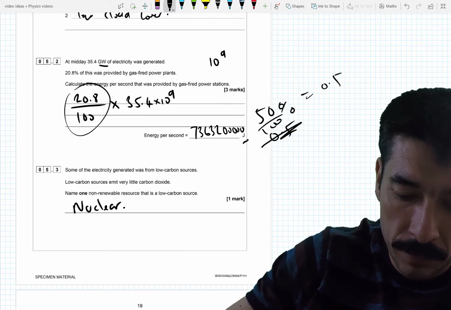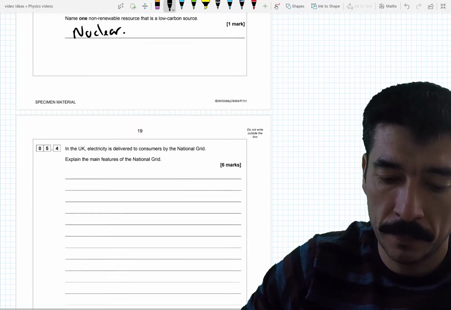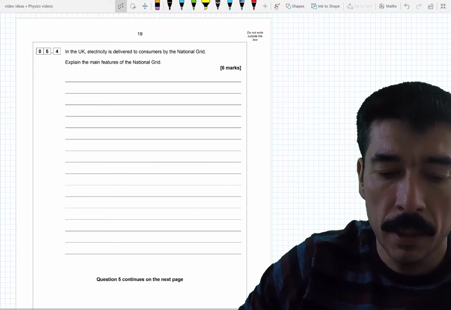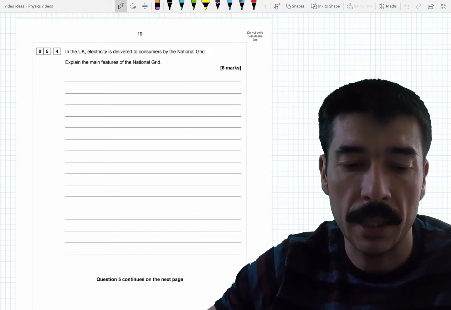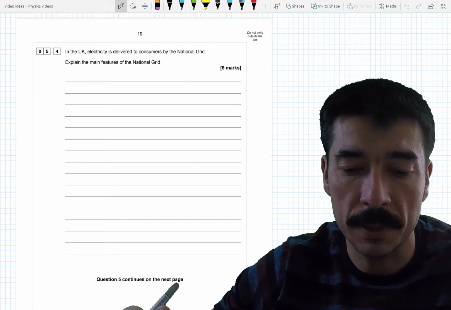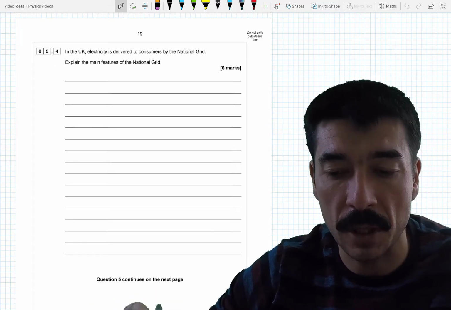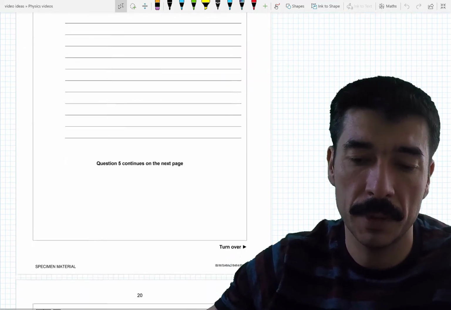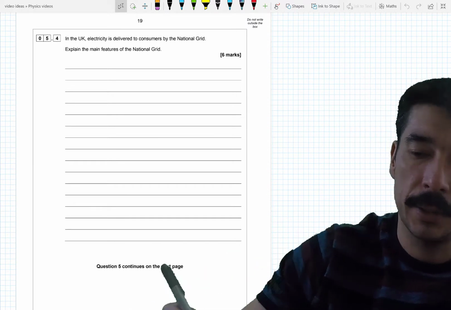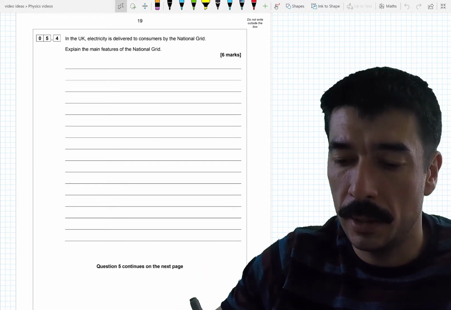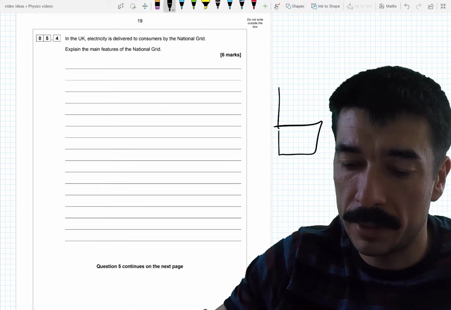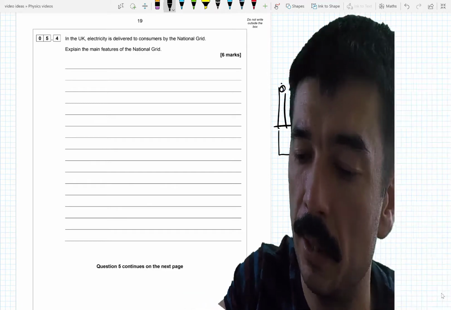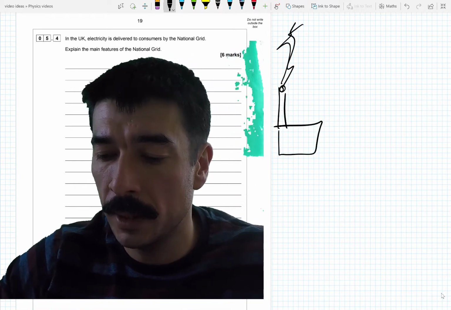Right. In the UK, electricity is delivered to customers by the national grid. Explain the main features of the national grid. So, the national grid, you've got a power station. Hopefully they're not all coal-fired, not anymore.